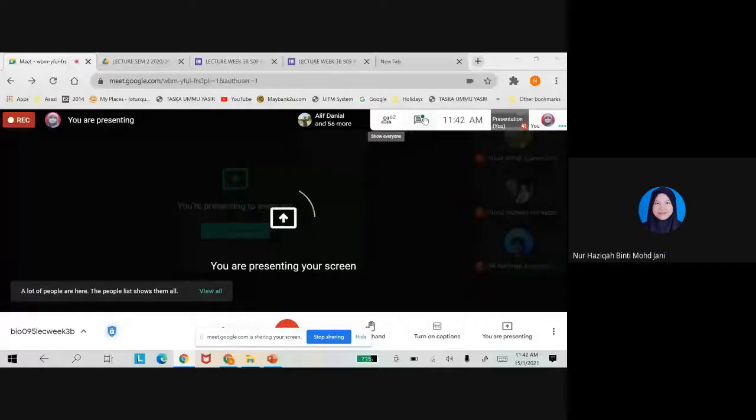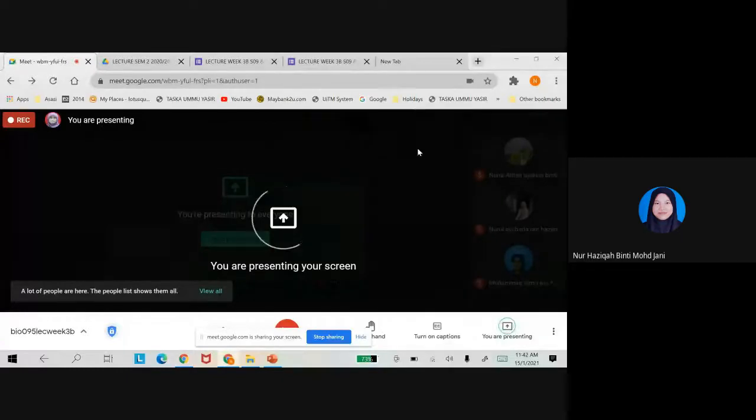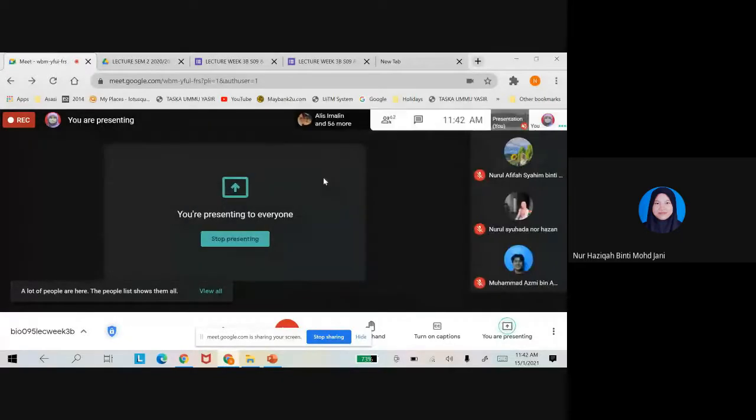Tapi saya nak habiskan juga pasal mutation. Dah ada lagi about 15 minutes. Sorry. Okay. Ini sebab saya guna wireless lah ni. Saya guna wifi. Alright.